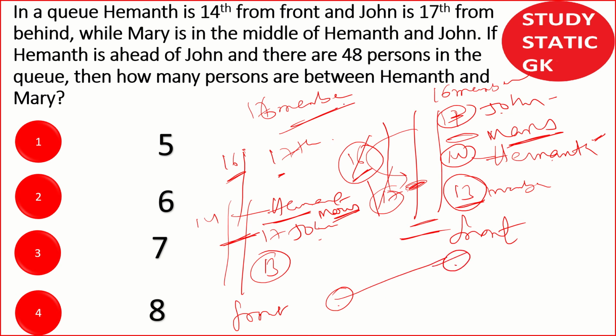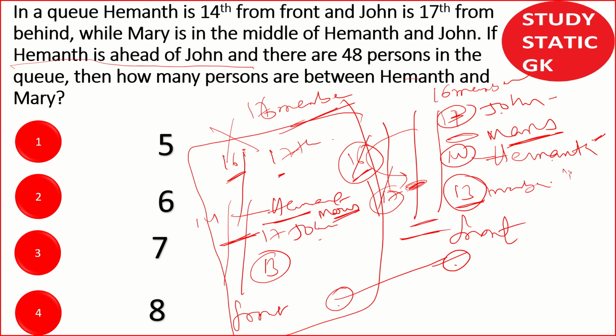So here, if Hemant is ahead of John, he has given that already. Hemant is ahead of John means this other case is wrong. This is not possible because he has already given what he has given. Hemant is ahead of John, so this is the scenario. Unnecessarily I have written it, sorry, but this is not the exam, and I am trying to explain all the possible cases to solve the problem. In the mind you may get this only if he has not given this condition, right?